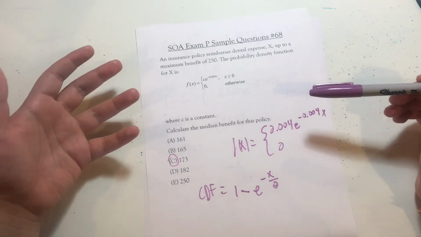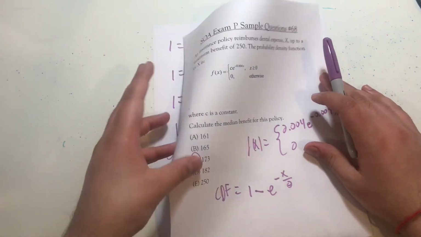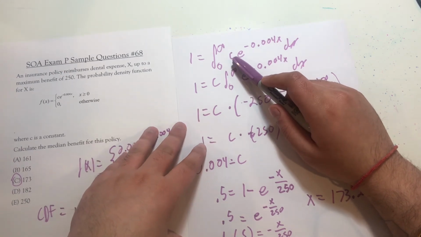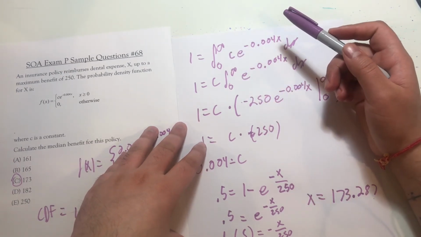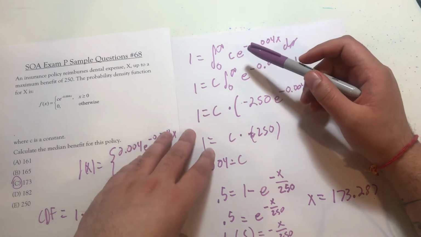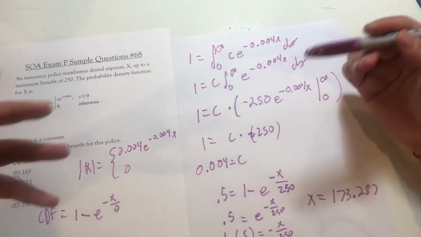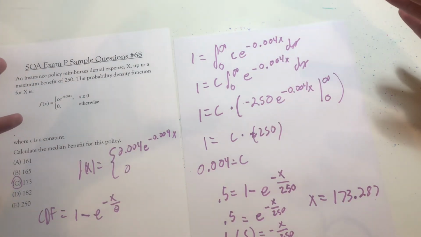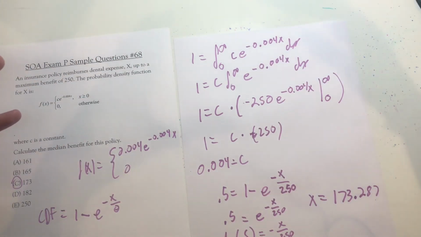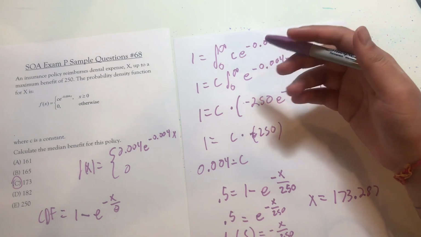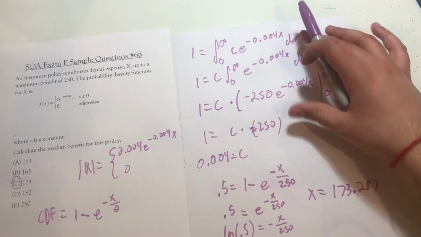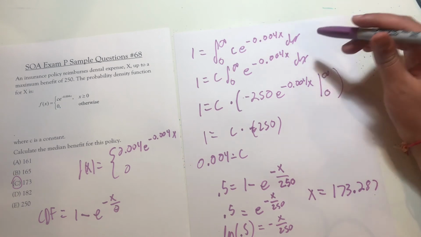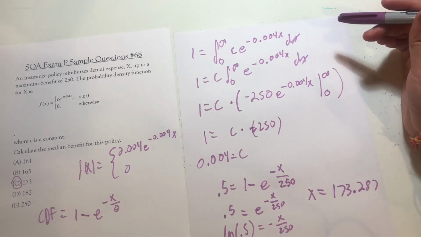So having to solve for this constant is something you're going to need to know how to do. The way you do it is to integrate over the entire space of the continuous random variable, solve for that constant, and then plug it into the original density function to get the actual density function.